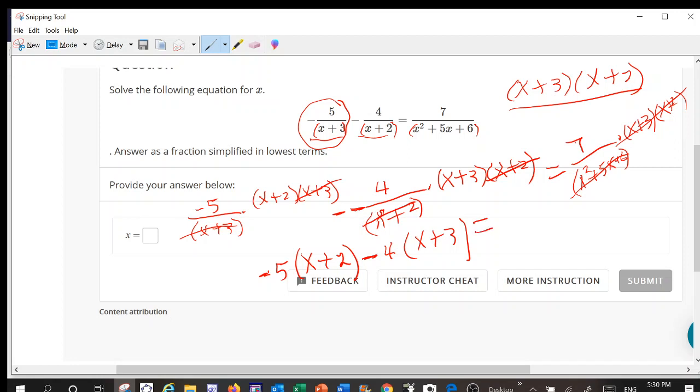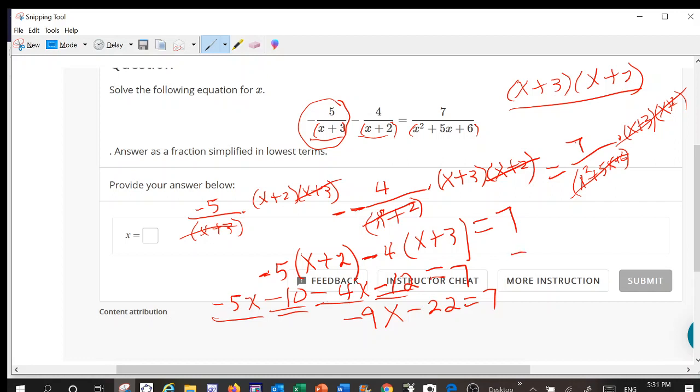So this is equal to just 7. Alright, so this is just a multiplication. Negative 5x minus 10 minus 4x minus 12 equals 7. So minus 5x and minus 4x is minus 9x, and the minus 10 and the minus 12 is minus 22.